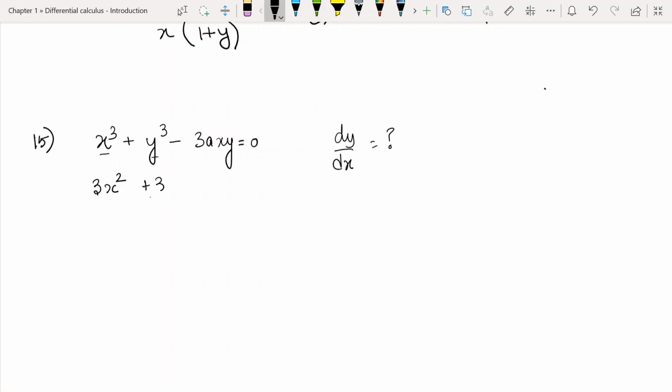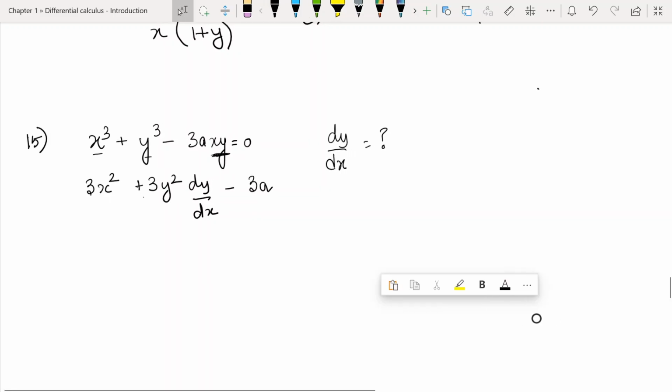Y cube is 3y square, same thing, into dy by dx. Whenever you differentiate y, you have to multiply it with dy by dx. Okay, minus 3 and a are constants. Write the two terms as it is and then differentiate xy.